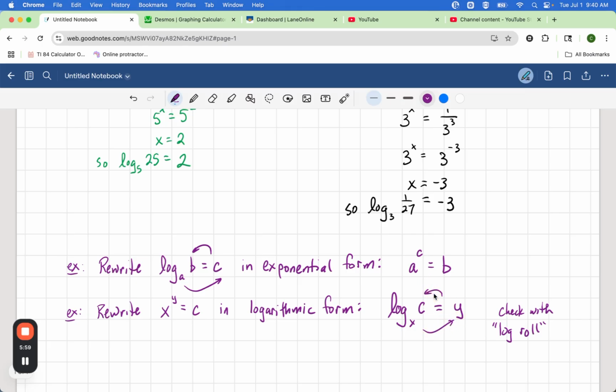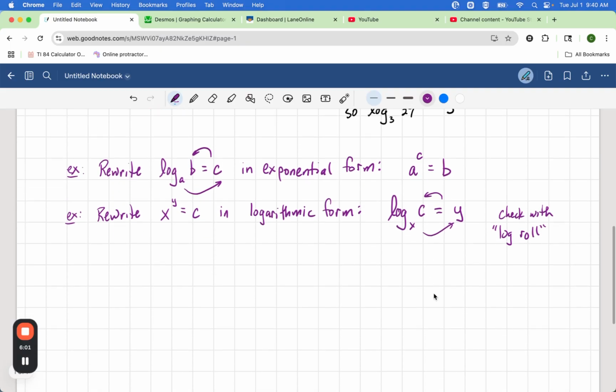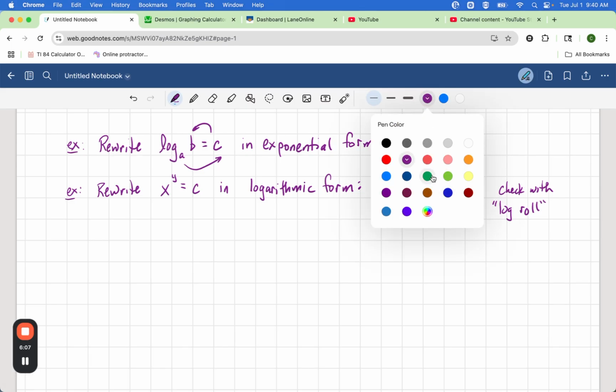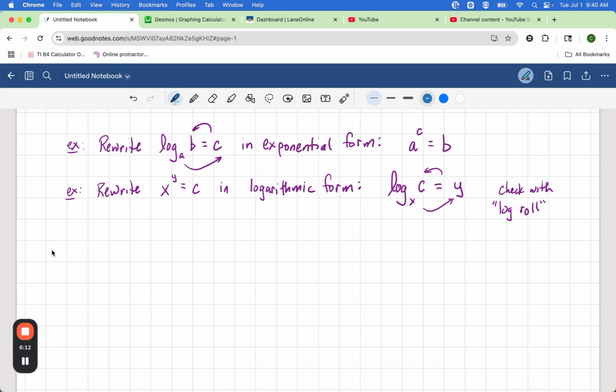Yep, good to go. All right, let's talk about some common buttons on the calculator. You don't really use a calculator, so to speak, like a TI or anything, but there are two bases common to the calculator, and these will work in Desmos too.